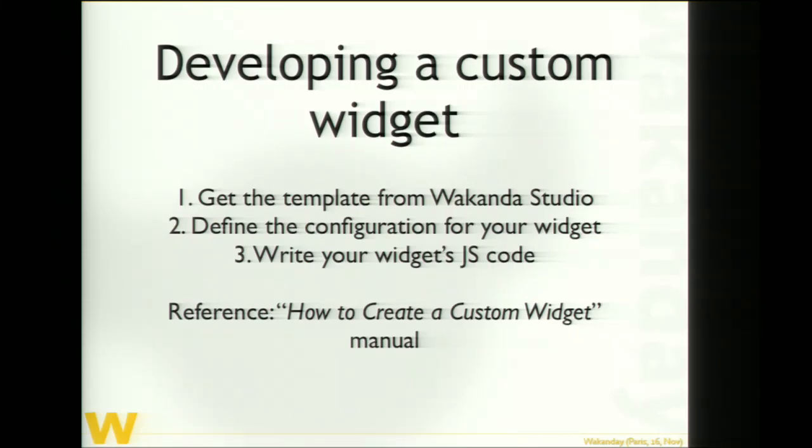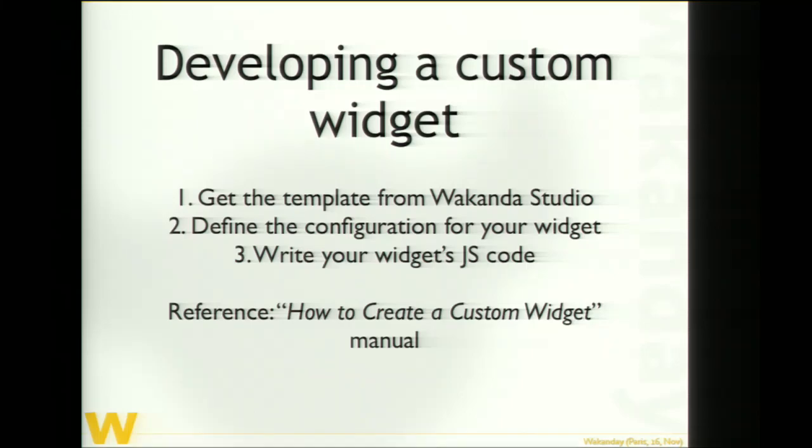Define the configuration for your widget, which is going to define the properties that you're going to allow your users to set in the GUI designer. So not only properties, but also events and styles that you can modify when you have it displayed on the browser. And then you write your widget's JavaScript code, which is basically inserting the HTML of your widget onto the page.